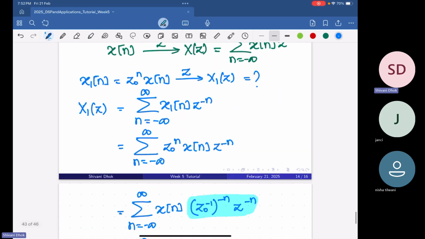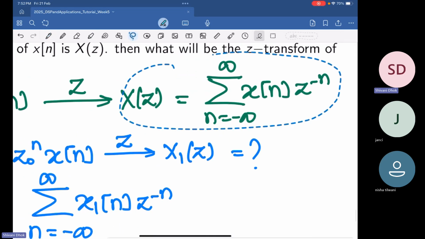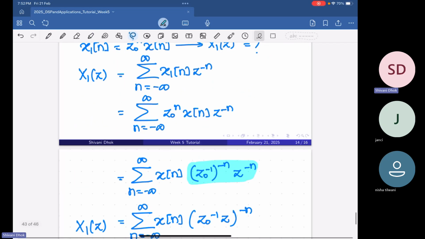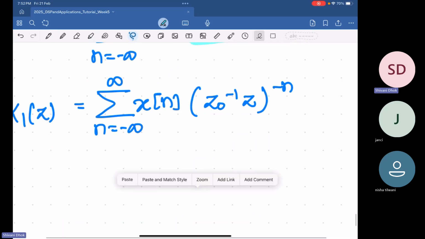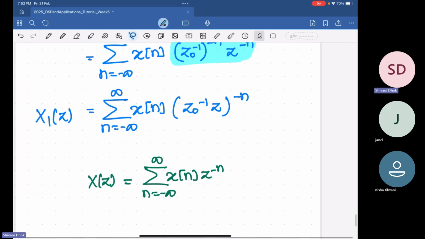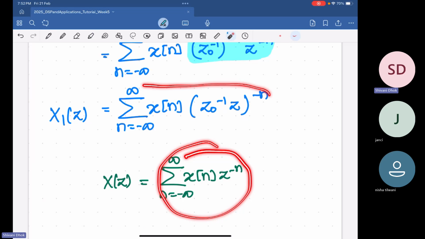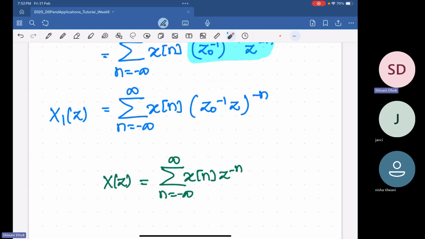Now do one thing. Compare this thing. I'll copy it for your reference on the next slide. This thing and this thing. Just compare the right hand side. What you have is x of n and x of n is the same. The only change is happening here.